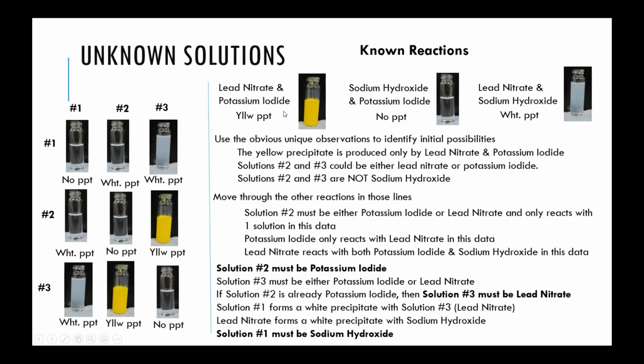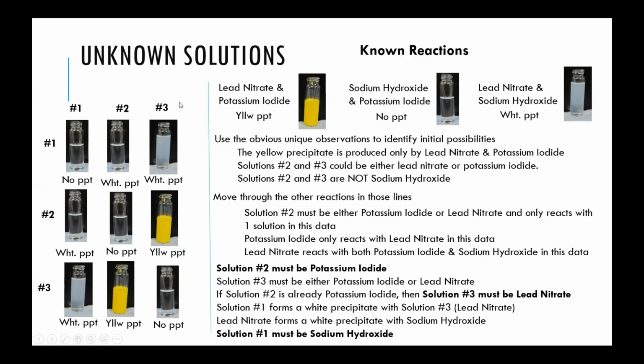So starting with the most obvious, lead nitrate and potassium iodide, you see that this combination right here forms that bright yellow precipitate, solution number 2 and solution number 3. That means that these two, solutions 2 and 3, are lead nitrate and potassium iodide.